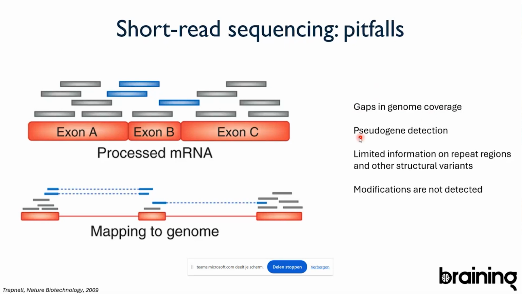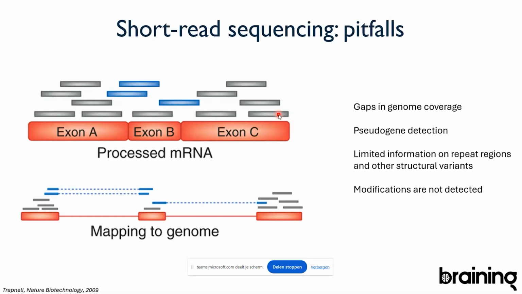Another pitfall is pseudogene detection. A gene and its pseudogene very often have a very similar sequence. So if you have 500 base pairs, they can fit in the gene, but they can equally fit in the pseudogene. You don't know. It's information that you do not have.